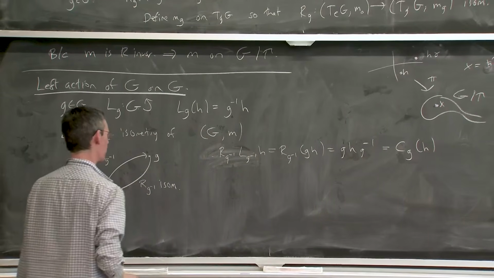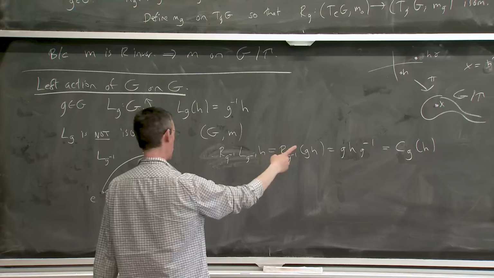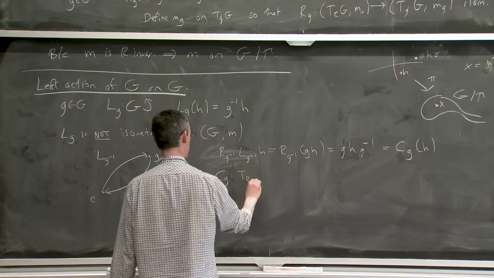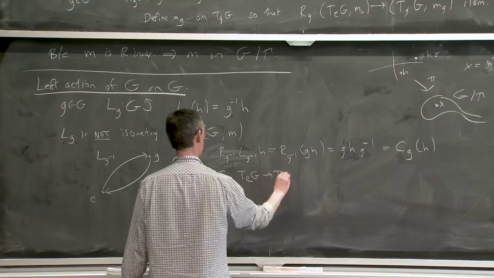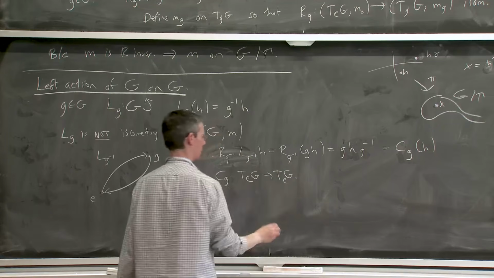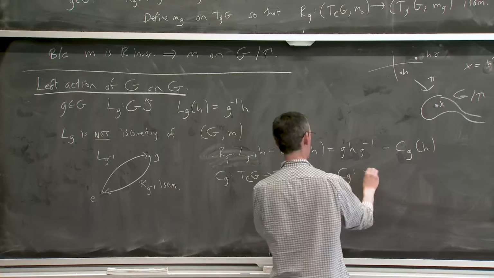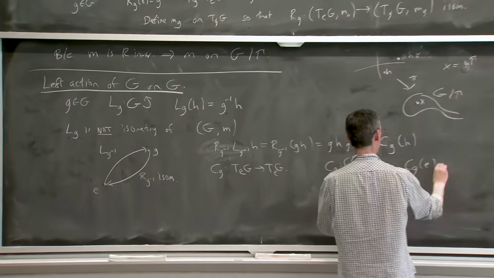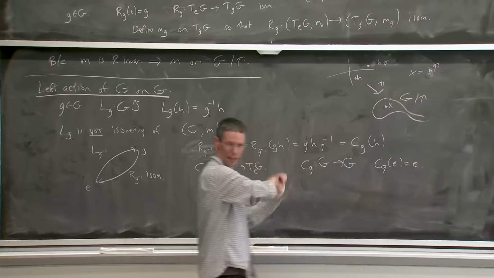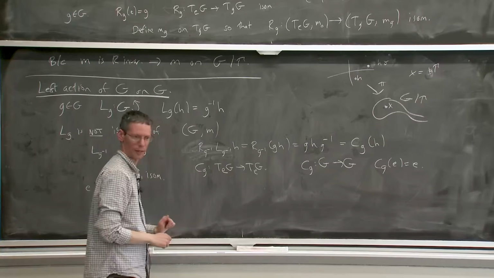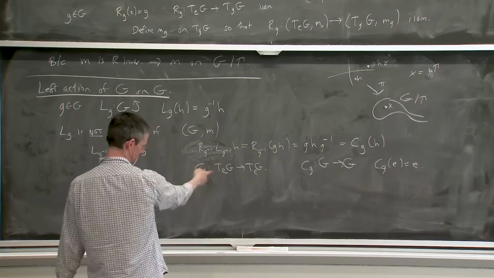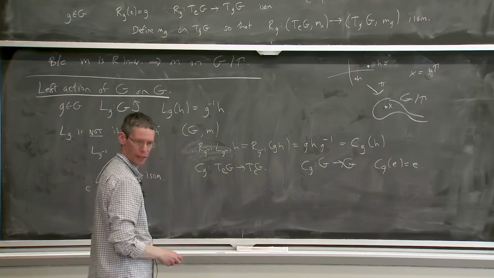OK, cool. So conjugating by G then induces a map from the tangent space of E to itself. Right? Conjugating by G is a map from the group to itself, and it sends the identity to the identity. And therefore, it sends the tangent space to the tangent space. All right. And we can write this down and see what it does.